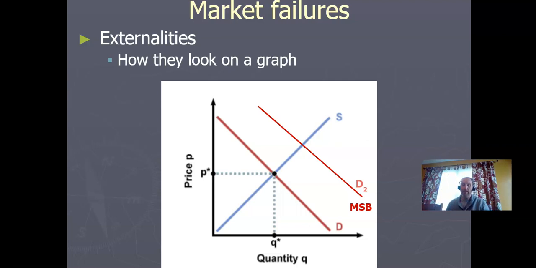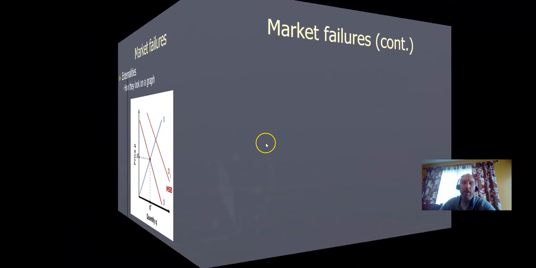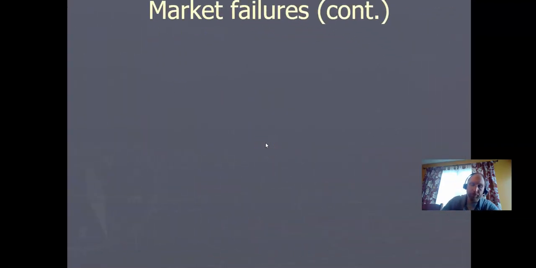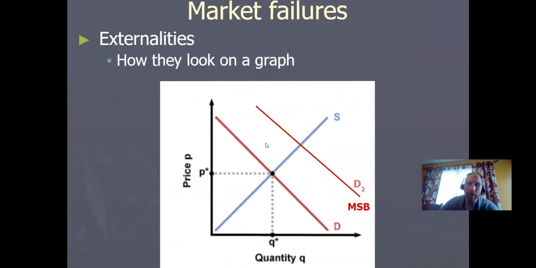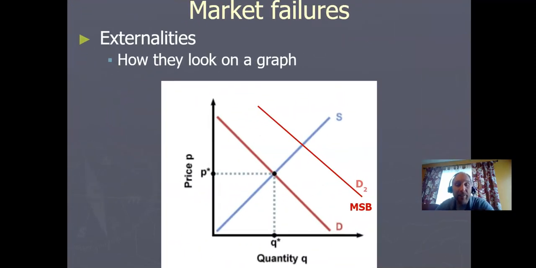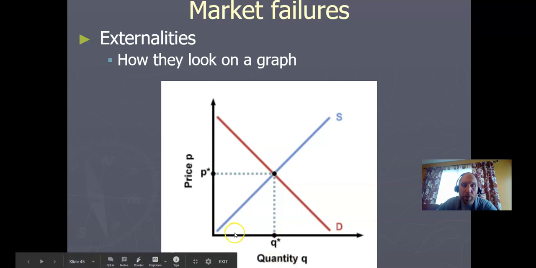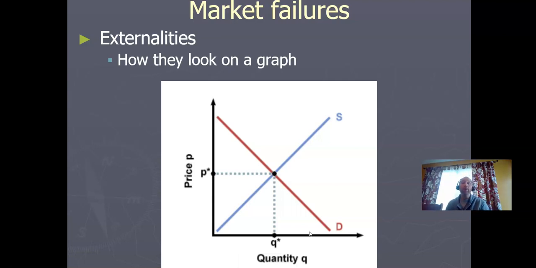The main takeaways: negative externalities lead to overproduction, meaning that when we have a negative externality, we are producing more than is socially optimal. Positive externalities means that we are not producing enough, we are not producing at our socially optimal point. And so yeah, that wraps up externalities.